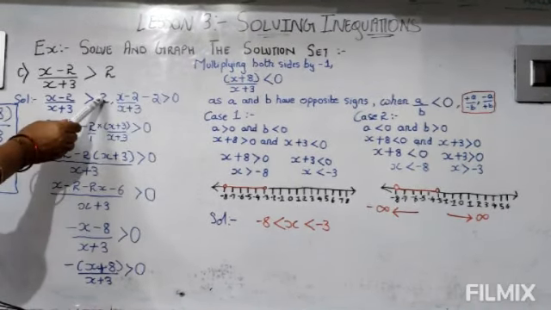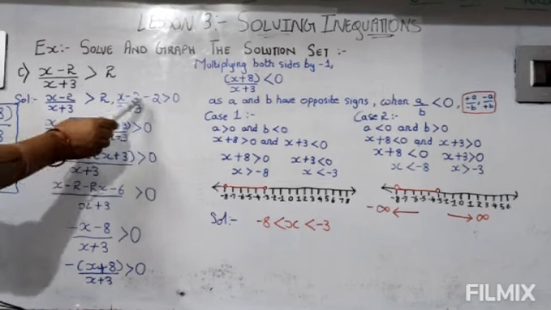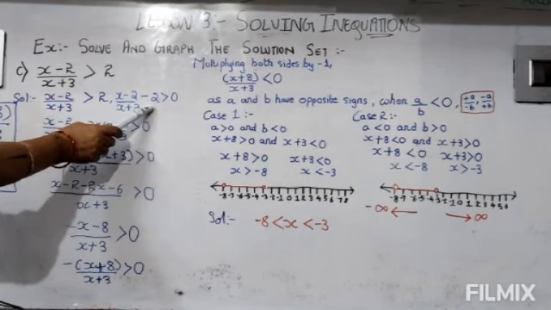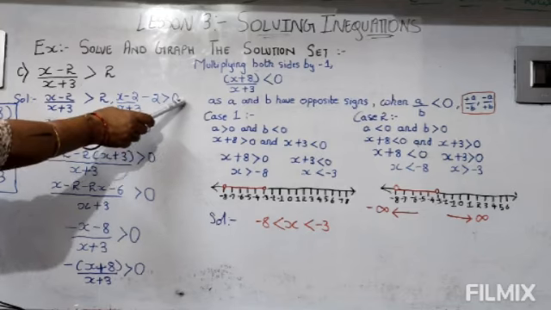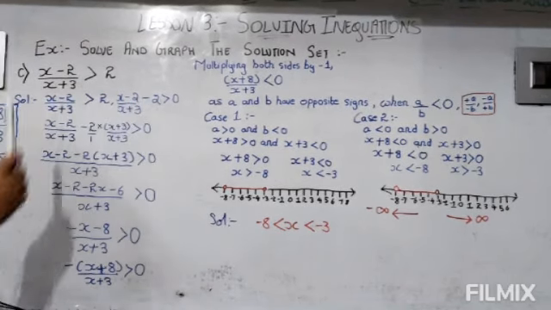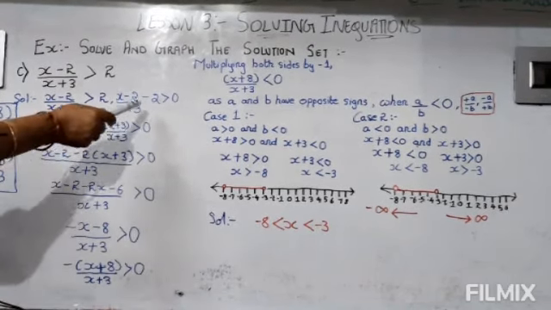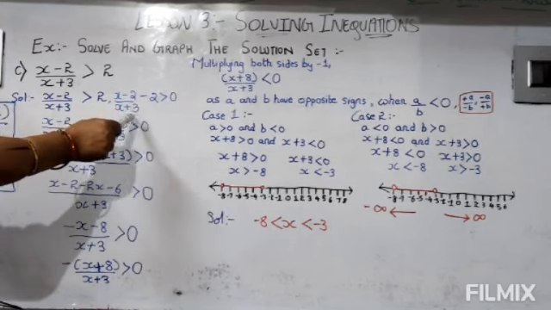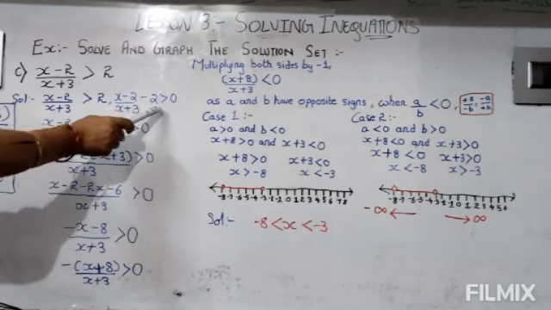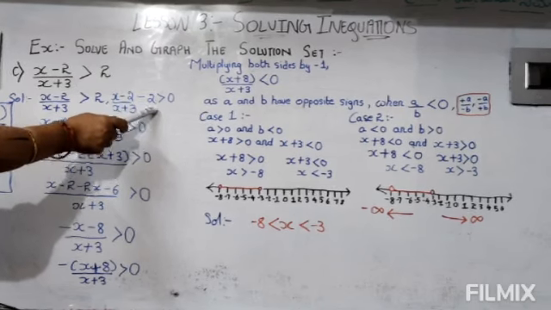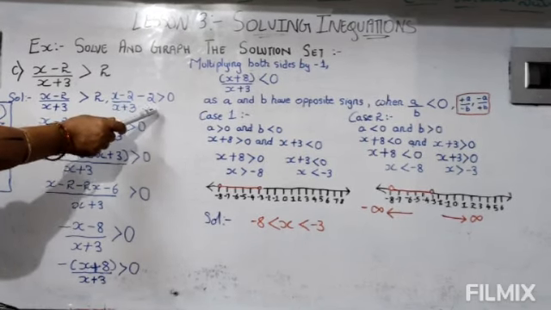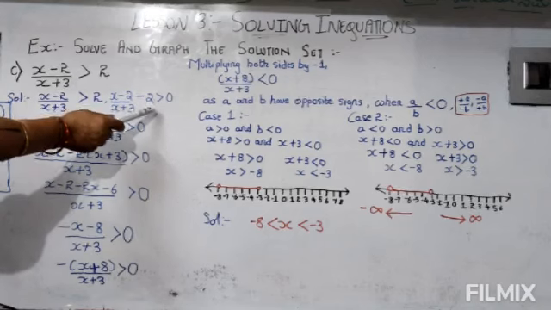If I bring this plus 2 towards the left hand side, it will become minus 2 greater than 0. You should consider it as 0. Now, I have taken the LCM of x plus 3, and if nothing is there you should consider it as 1. I have told you in my previous videos also.